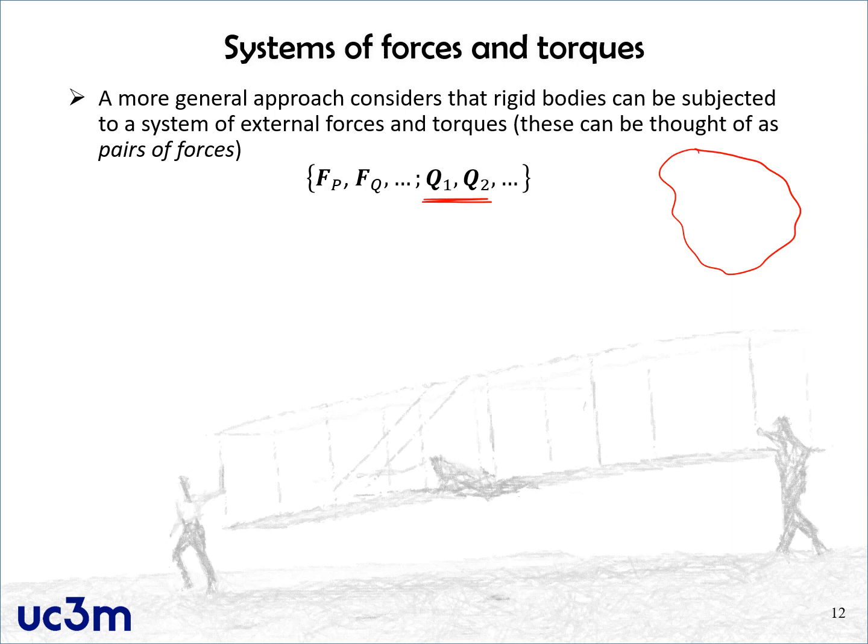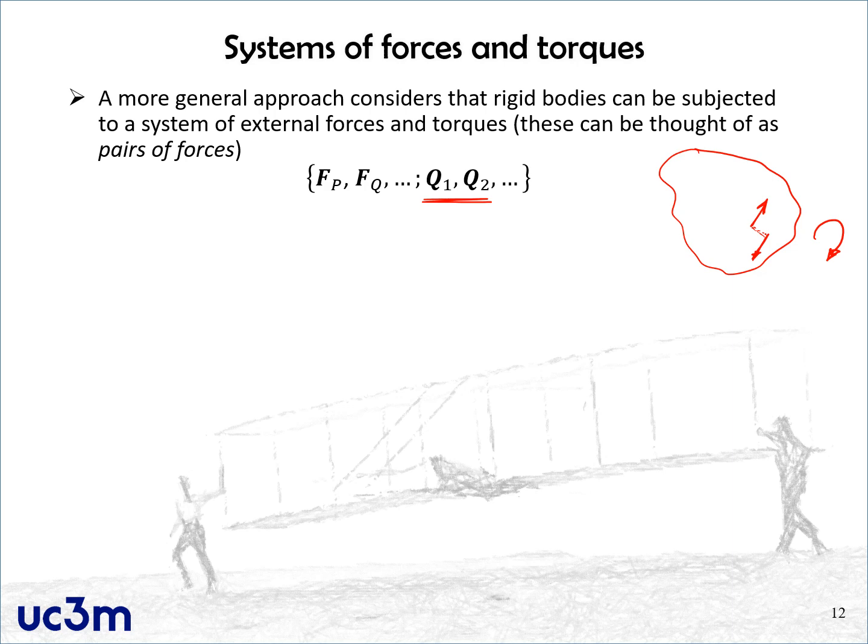But if it helps, you can visualize this, for example, as a pair of forces of equal magnitude and opposite directions that are not applied on the same line of action. You can replace this pair of forces with a torque, without changing at all the effect on the rigid body.